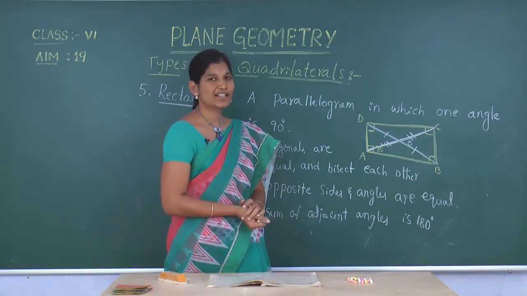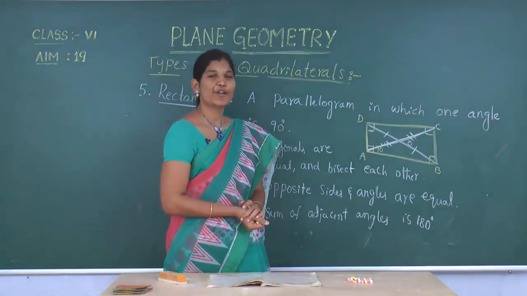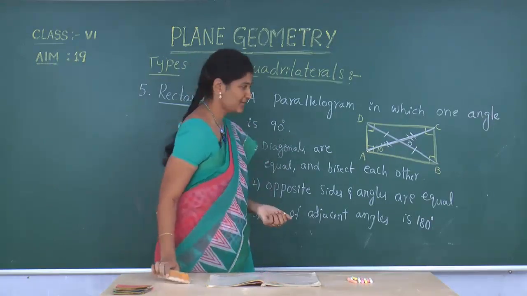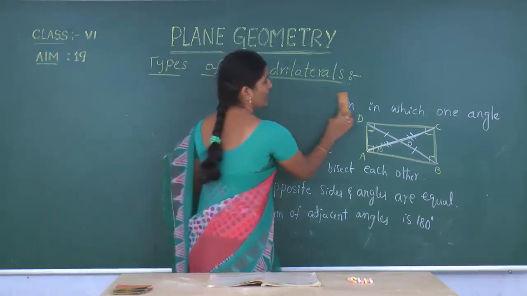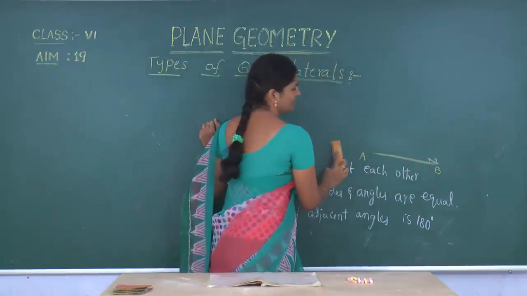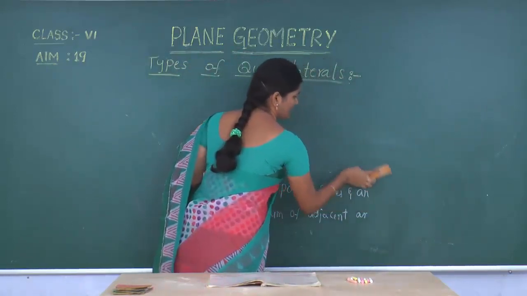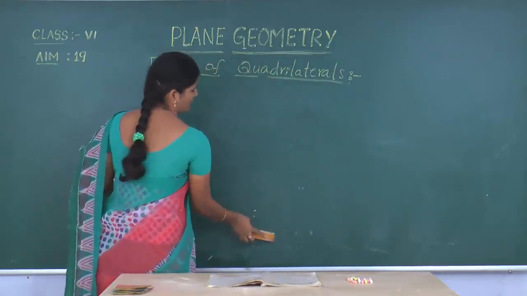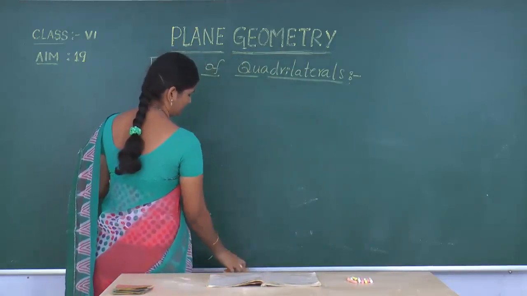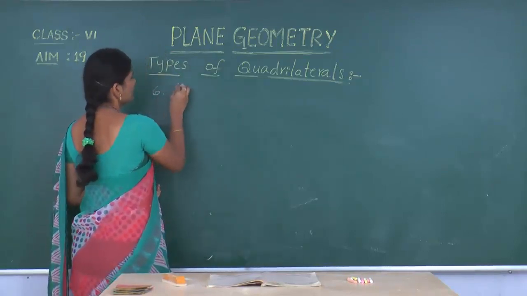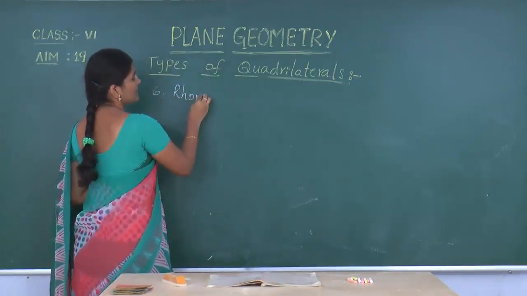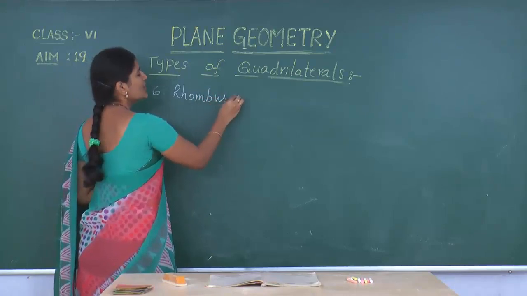Now let us discuss one more type of quadrilateral, which is a rhombus. What is a rhombus?